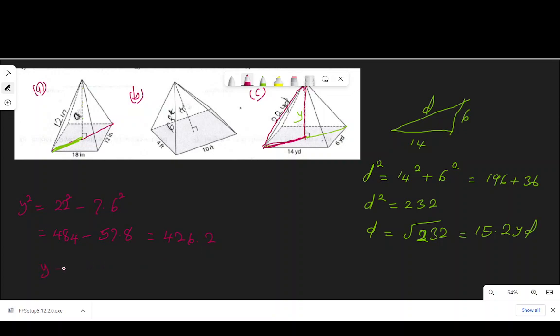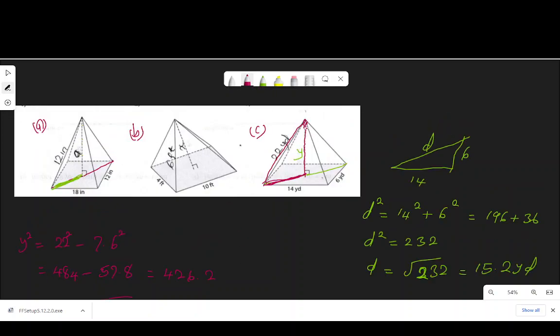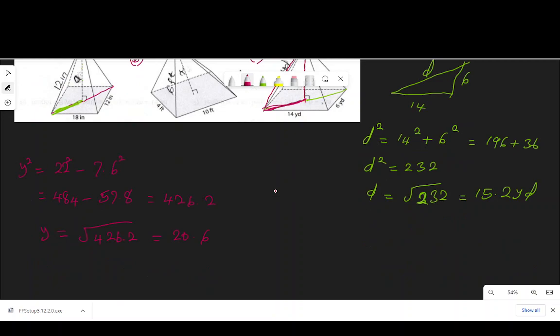Therefore, y will be the square root of 426.2, and the square root of 426.2 is 20.6. So the vertical height, or the perpendicular height, of the pyramid is 20.6 approximately.